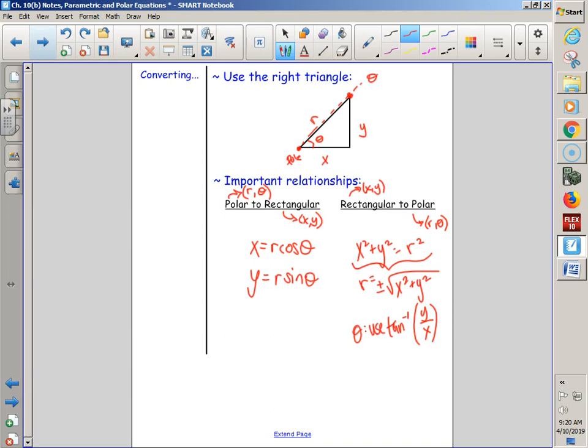But just like we've had to do multiple times with tangent inverses, we have to remember that when you use your calculator, if it's not the unit circle, tangent inverse is only going to be between negative 90 and 90. Those are vertical asymptotes, so it's actually never going to be 90 or negative 90.